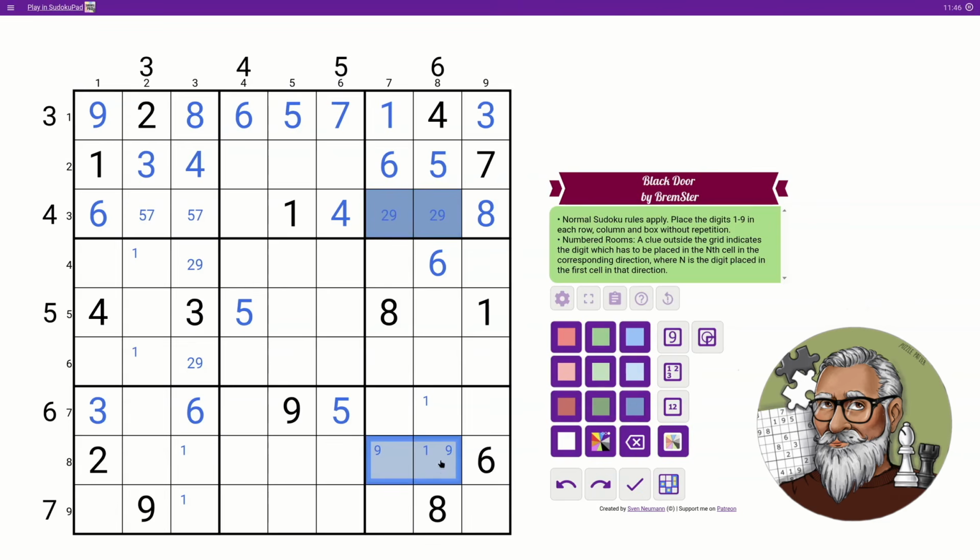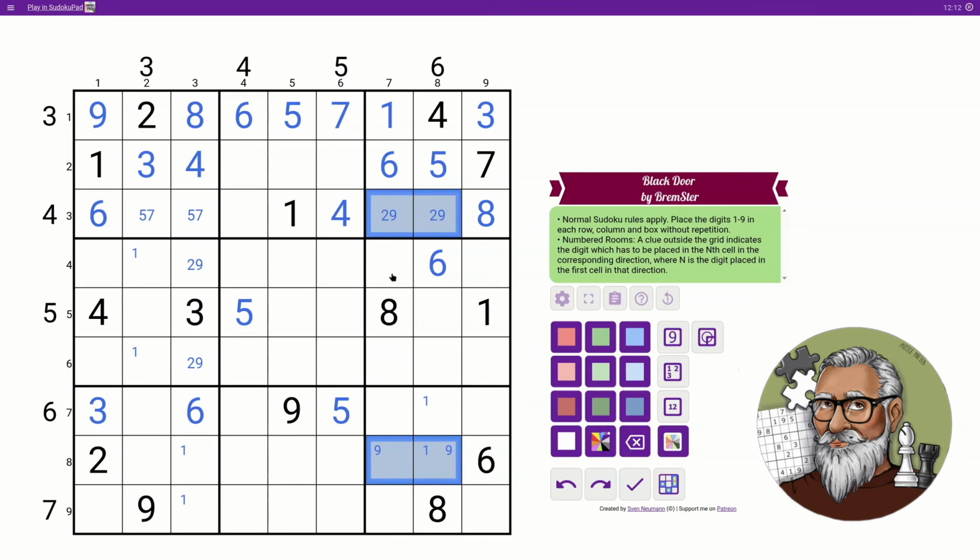Which means that if we now look at the columns, each of these columns have 2 positions that are dependent on each other. That's called an X-wing, but we don't have to remember that. Well, you can, but it's not very important what it's called, is what I mean. So what does that mean?